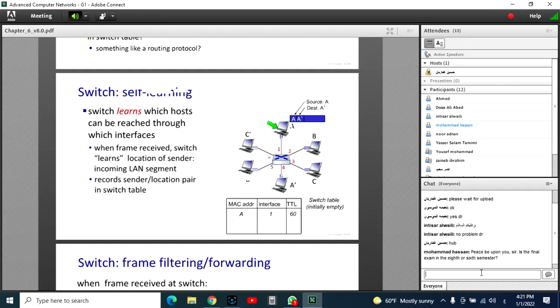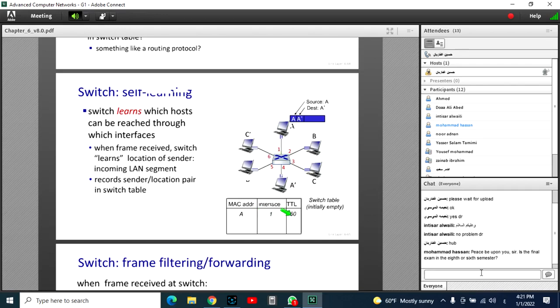It means that after this, if I decide to send information to MAC address A, I can send it over interface 1. That's easy.